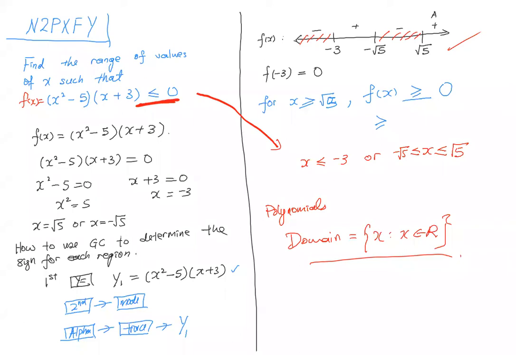Okay, so I think you have seen this kind of function before. For example, I give you f(x) equal to (x minus 4) divided by (x squared minus x minus 6).